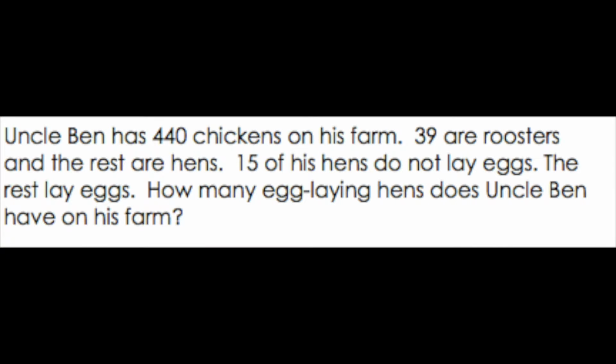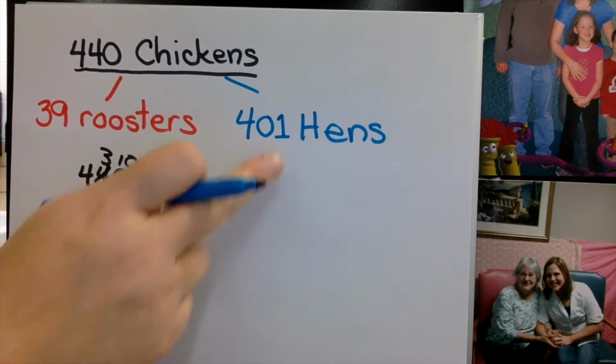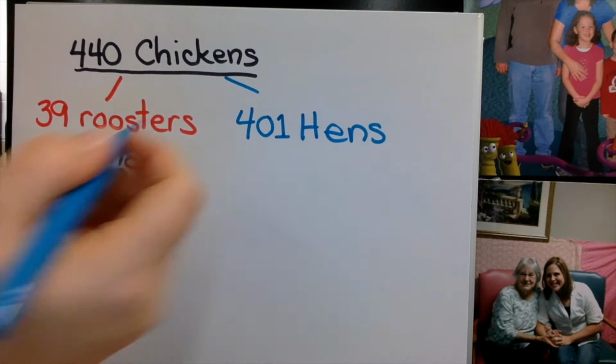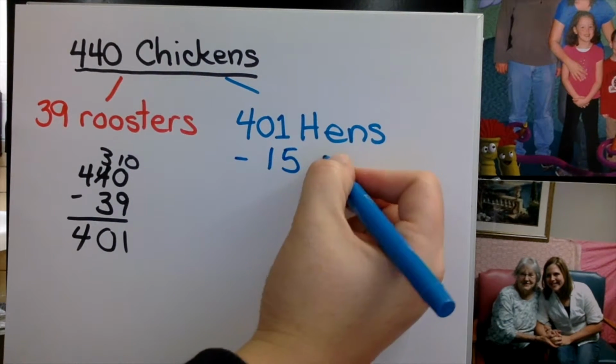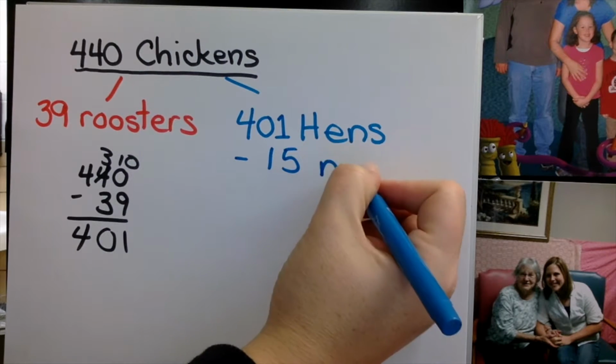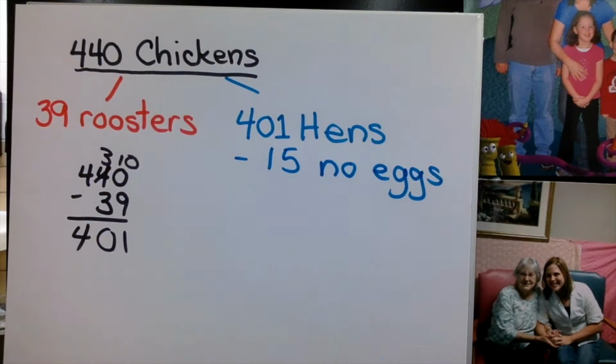Next, it says 15 of his hens do not lay eggs. All right, so we're going to go back to our problem. Out of these 401 hens, 15 do not lay eggs. Organizing my information.